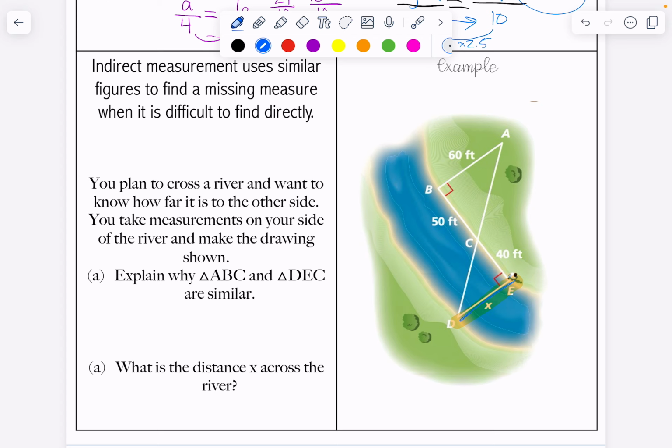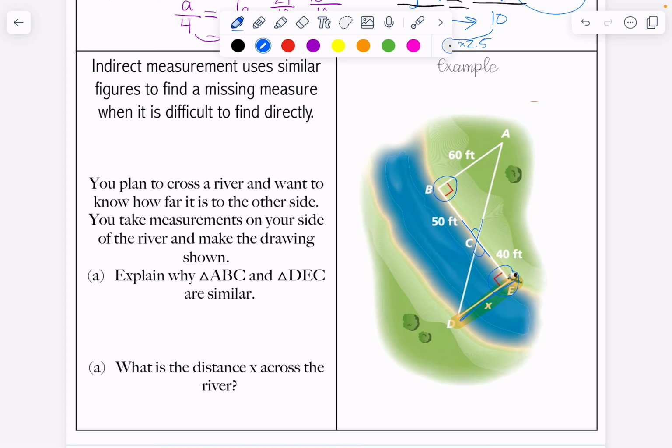For them to be similar, they need at least two angles to be congruent. Right now, it's pretty easy to see that they both have a right angle, all right? But that doesn't necessarily mean that their other angles are going to be congruent either. So if we look at this particular diagram, where these two triangles are kind of meeting, remember, these are what we call vertical angles.